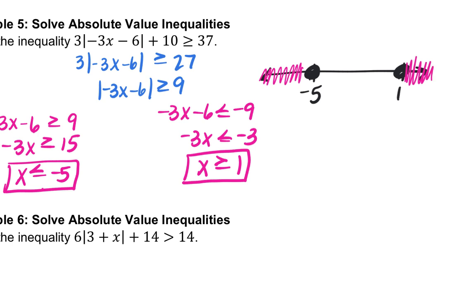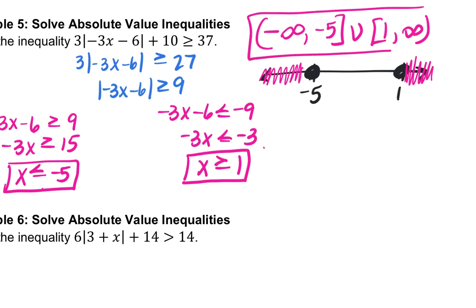Nothing in the middle. Actually, let me rewrite that. So coming in from negative infinity to negative 5, and then I've got 1 to positive infinity. So there are the ways.